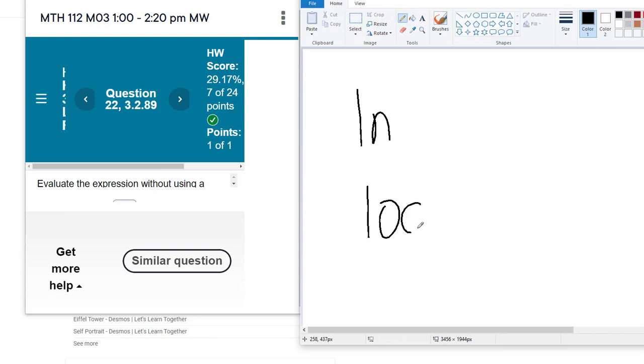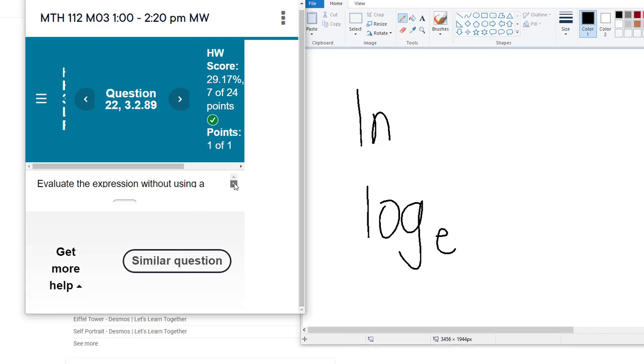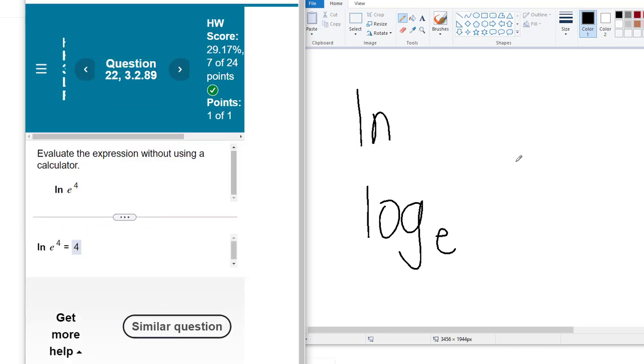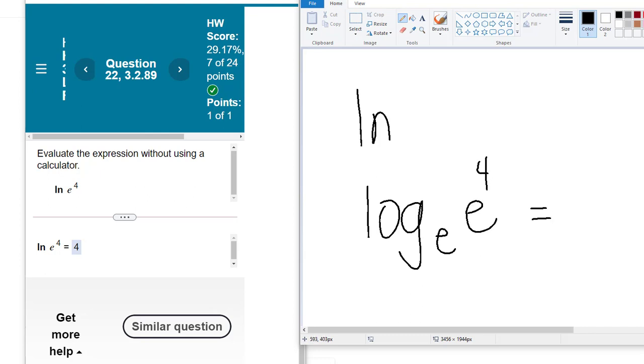So it's really log base e, okay? And they're saying log base e of e to the 4th equals some unknown power. So what do you raise e to get e to the 4th? Well, that means x has to be 4 for these to be the same.